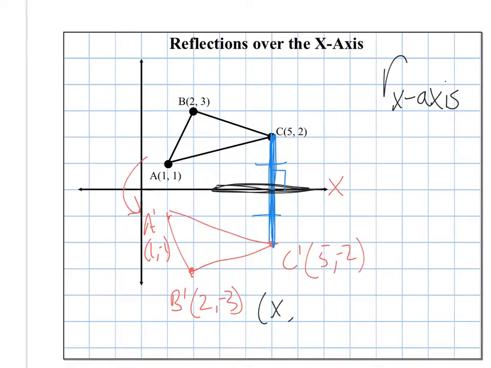We have any point (x, y), and if I reflect in the x-axis, it looks like, if I take a look at some of the points here, A was (1, 1), became (1, -1). Looks like the y-coordinate got negated. So we can say that our general rule would become (x, -y).